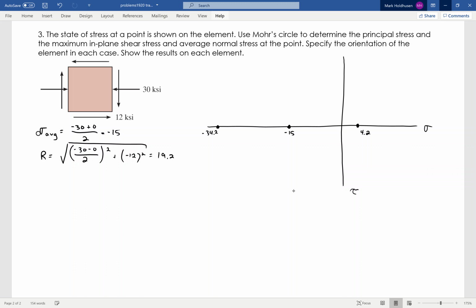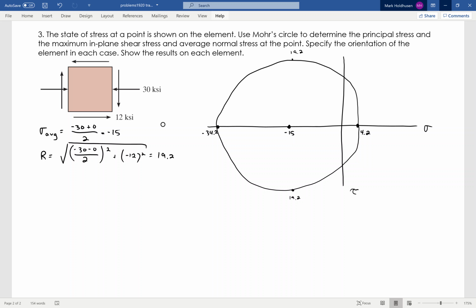Then I'll have 19.2 down like that, and then 19.2 up like this, and then we have a circle like that. That's Mohr's circle.